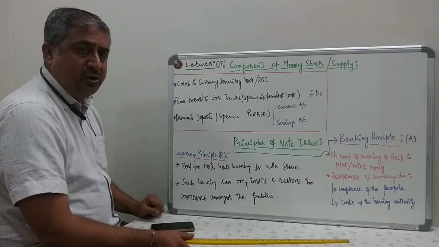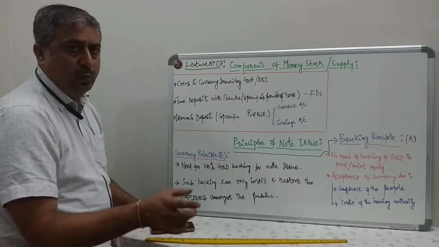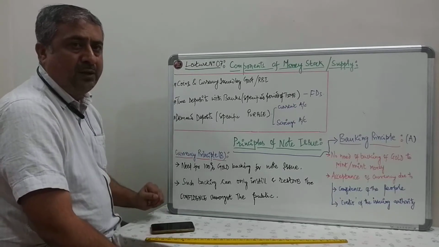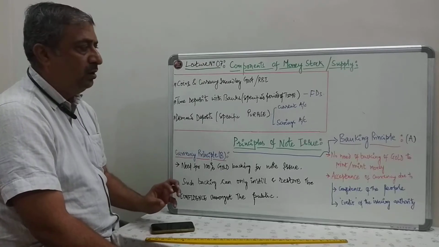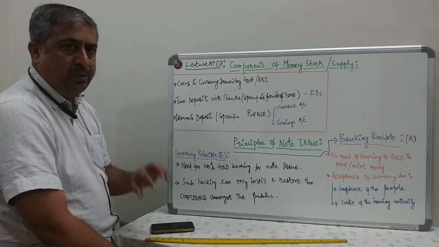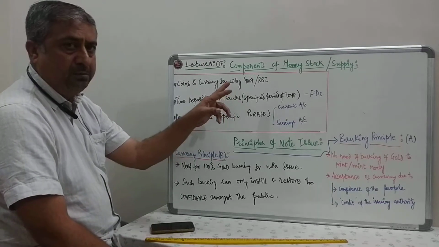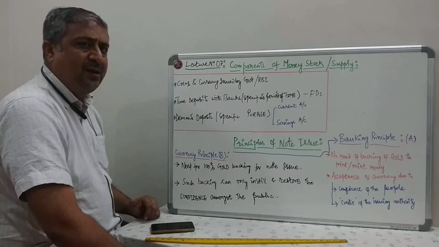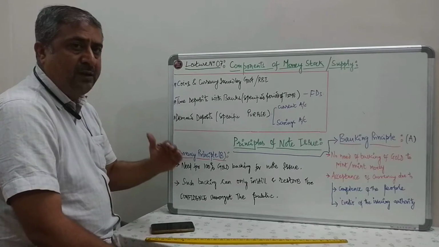Now, what do you mean by time deposits? They are issued for a specific period of time, like 1 year fixed deposit, 2 year fixed deposits. You go to the bank, you have 6 months fixed deposits. So these are deposits of money which are made for a specified period of time. Now, why are there different categories of different time intervals?